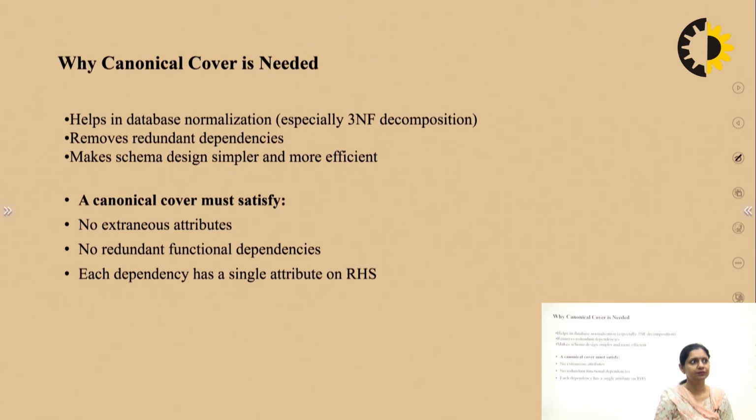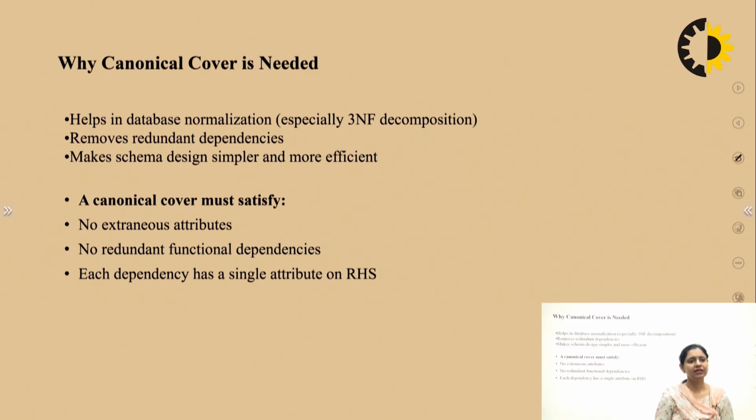Now the next question arises, why do we need the canonical cover? So we need the canonical cover, first thing, for data normalization. Data normalization is basically whenever we are given any relational database, in that case, the data is stored in the form of tables.